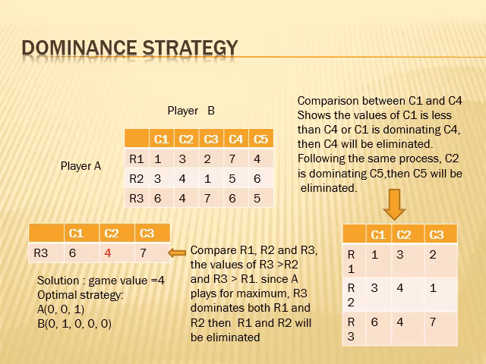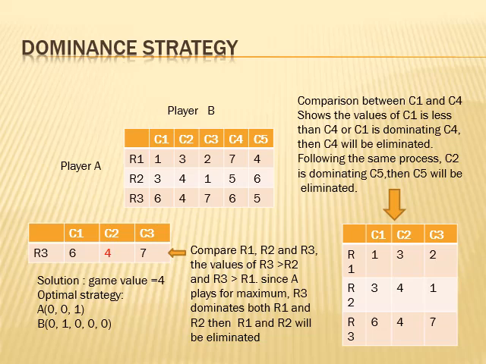Since A plays for maximum, R3 dominates both R1 and R2 because the values of R3 are more than the values of R1 and R2.